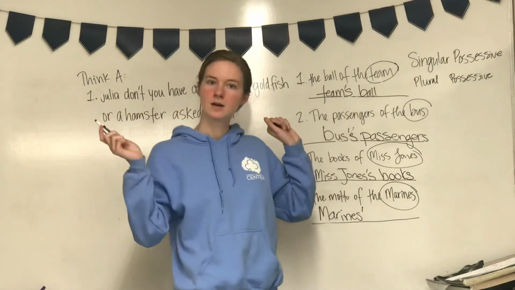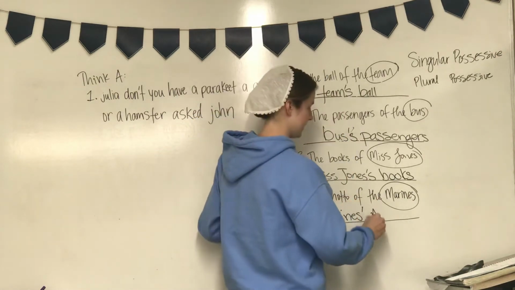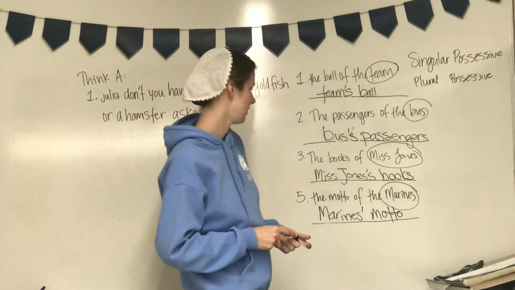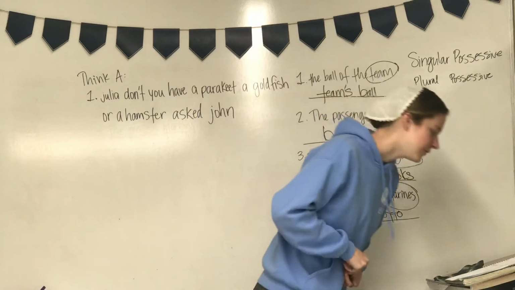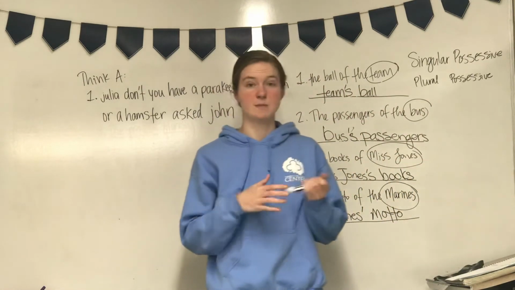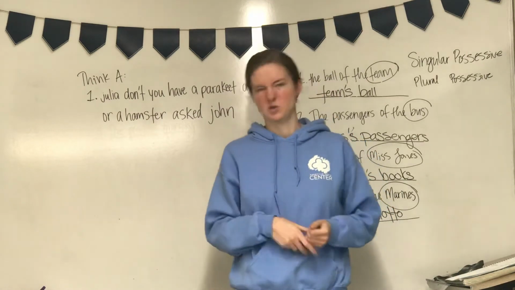And that's all. Now it is plural possessive, and we write Marines' motto. Okay. Finish that section. It shouldn't be too hard. You will also be making contractions like I will, and you'll say I'll, or something like that.